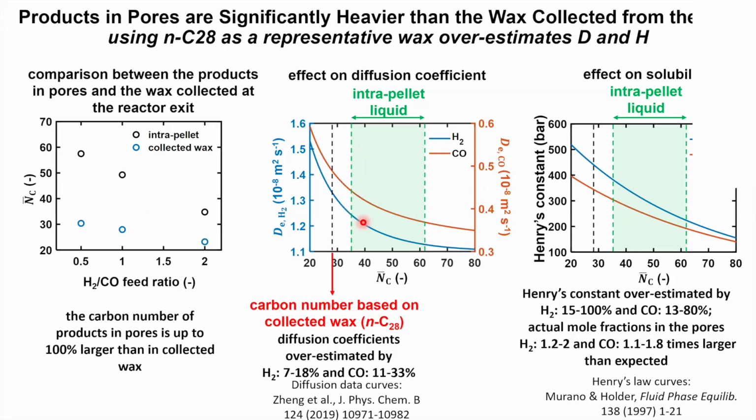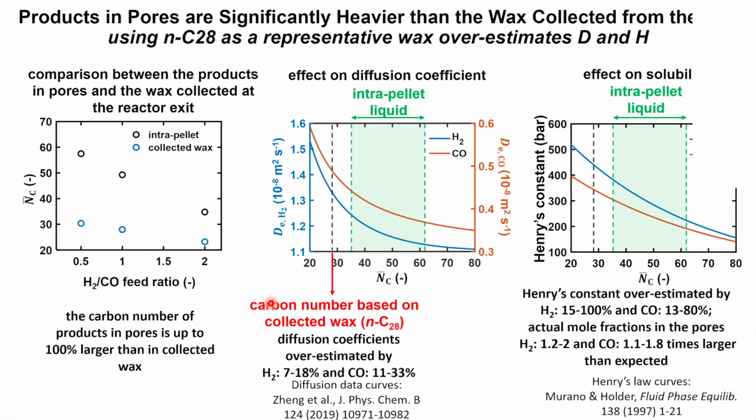And so we have different diffusivities, and different solubilities, up to 100% different for the solubilities for the hydrogen. So your diffusion is much slower than you think it is. Your solubility is much less than you think it is, and you're going to have different ratios of hydrogen and carbon monoxide, which is really important when trying to design what chain length you want to form from this.